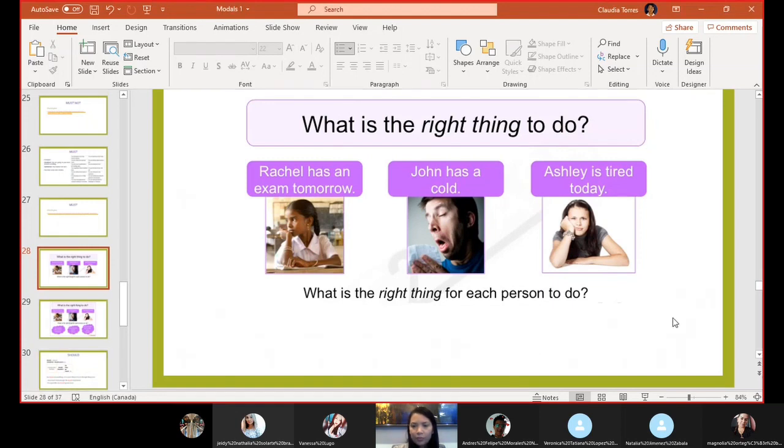Now for Rachel, I would also say that maybe she should study in a quiet place, right? So maybe she should study at the library, or maybe she should study with friends. Yeah, another one.